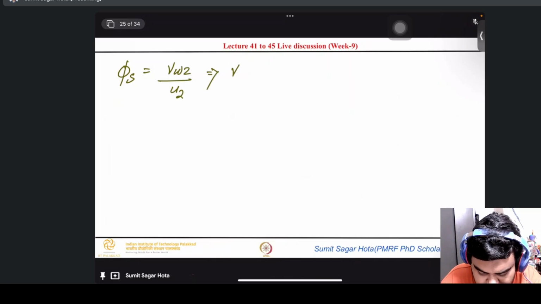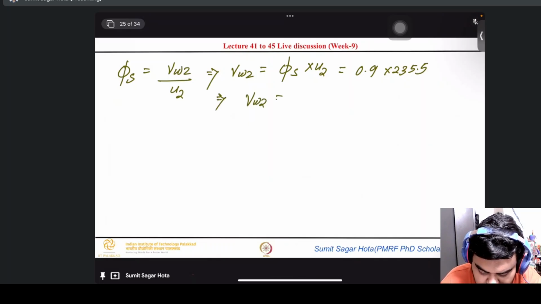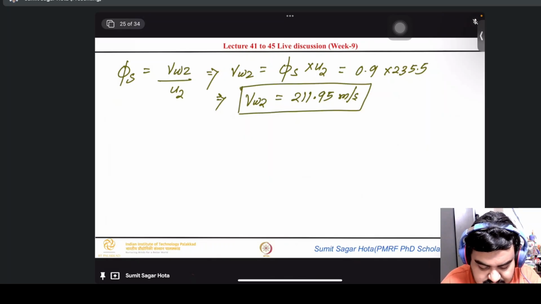So VW2 is equal to phi s into U2. Phi s is your 0.9, U2 is your 235.5. So what is your VW2? VW2 is equal to 211.95 meter per second. Okay, so what is tan phi?